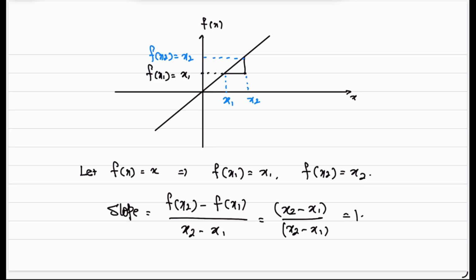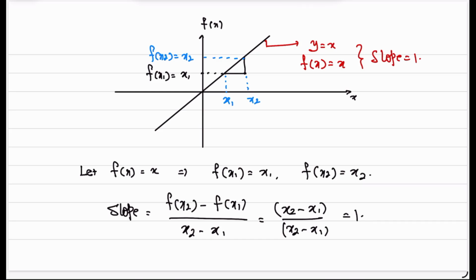This particular equation is called y is equal to x, or function x is equal to x. Its slope is equal to 1. Any straight line whose slope is equal to 1 will have function x is equal to x as the function, y is equal to x as the function.